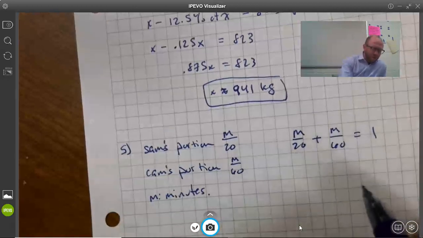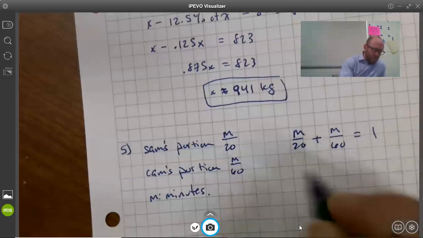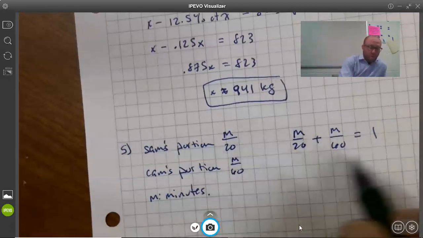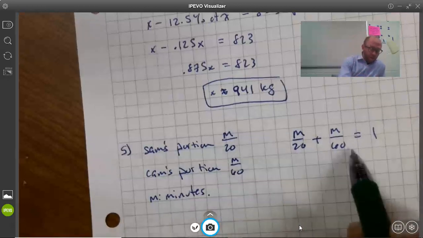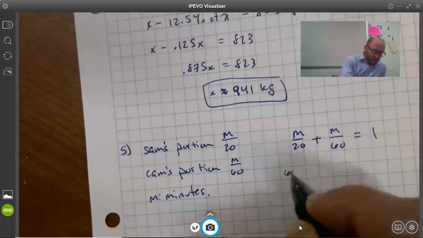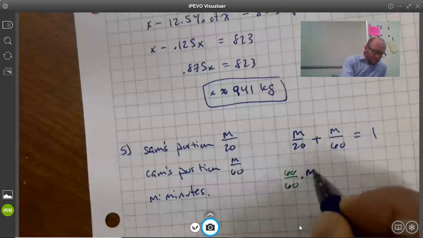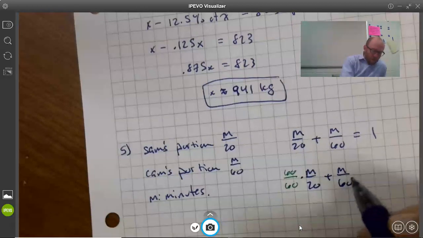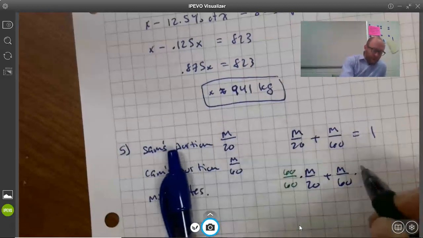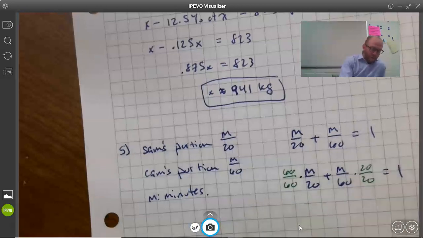So then let's put the common denominator here. 20 goes into 60, but if you ever had to, I can just multiply this one by 60 over 60 times M over 20 plus M over 60 times 20 over 20 equals 1.